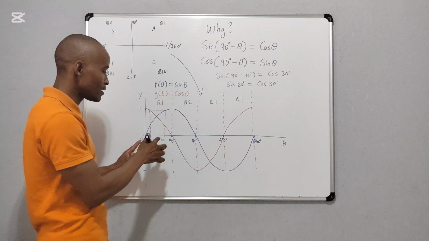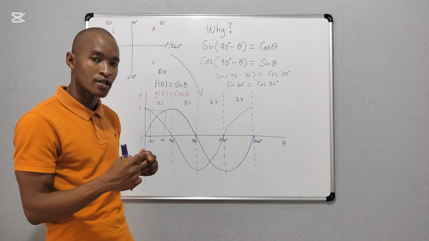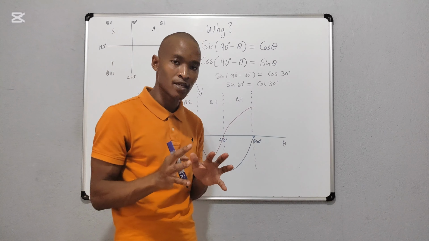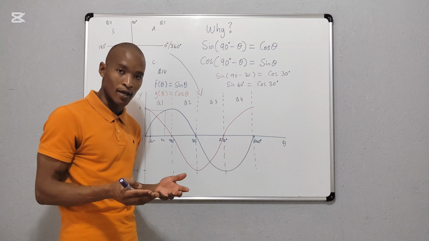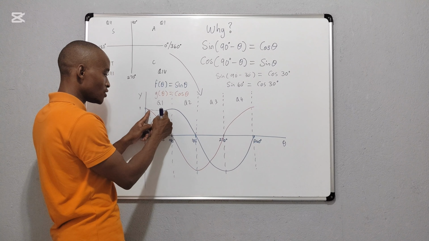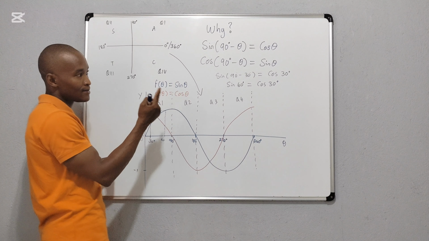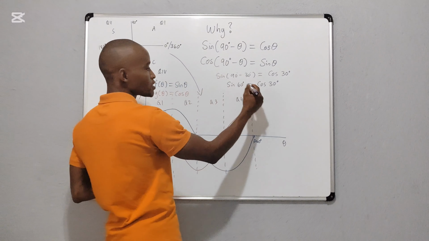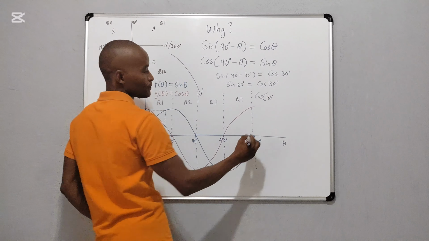So we can see that we observe what is called a many-to-one relation, okay? And I'm using the term loosely here because it's usually used in single functions such as the parabola, okay? So there are many theta values for one y value, okay? And similarly, we can talk about the cosine and say cos 90 degrees, okay?